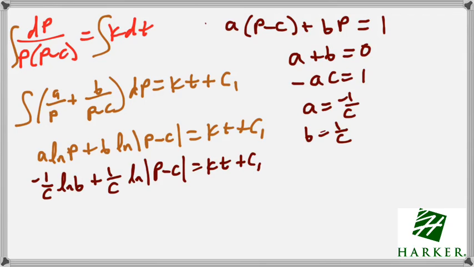I'm going to multiply both sides by negative C. So we get the ln of P, that's supposed to be a P, I don't know why I wrote a B there.